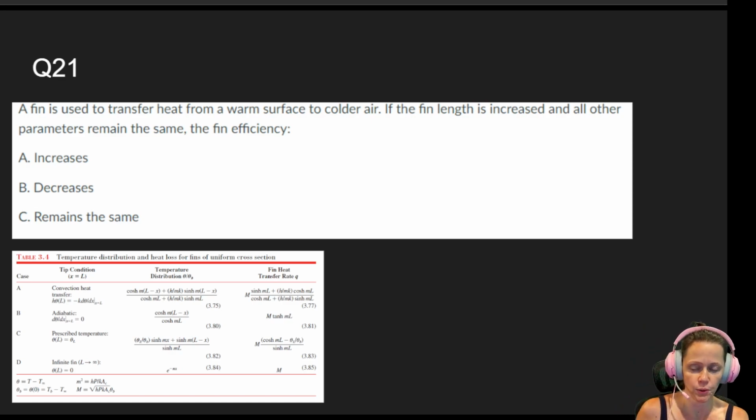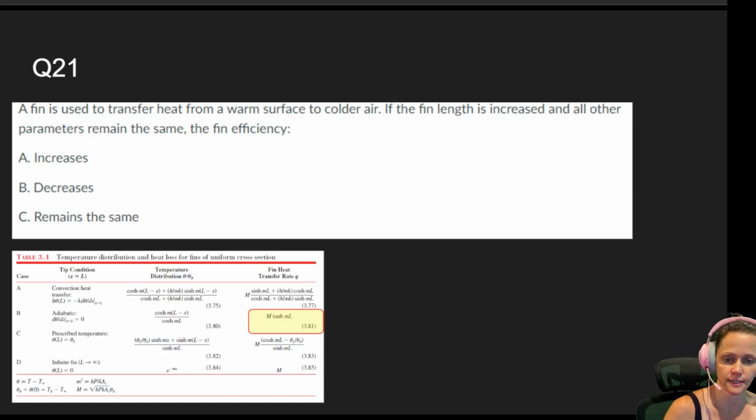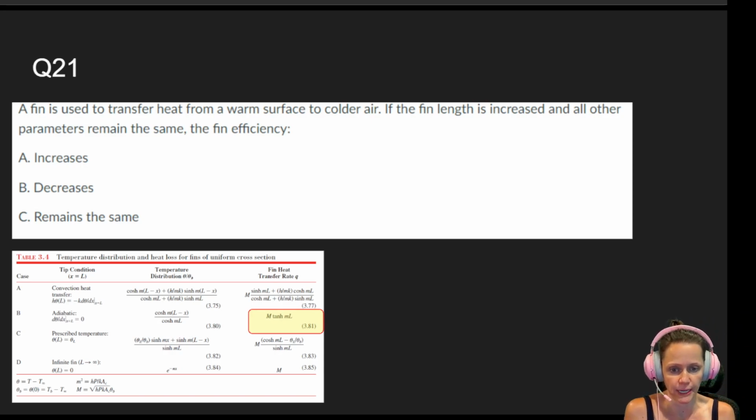And so if we look at table 3.4, which is on your equation sheet, and I look at the heat transfer rate q, and if you watch the video, you know that most of the time, case A is the most complex model for a fin. Case B is good enough for us, okay? And then case C and case D are very specific conditions.